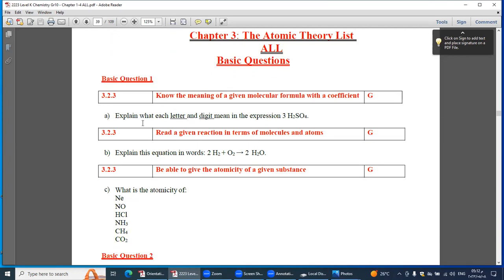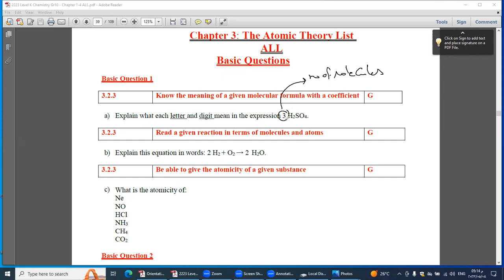What is meant by the expression 3H2SO4? The 3 refers to the number of molecules.